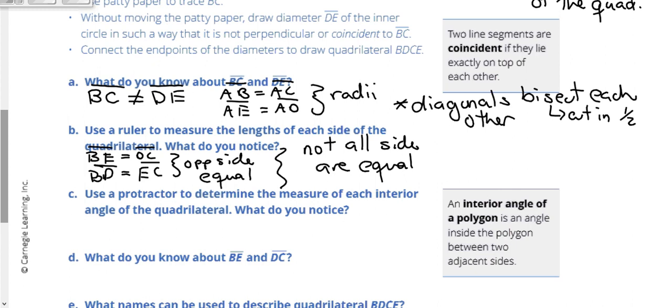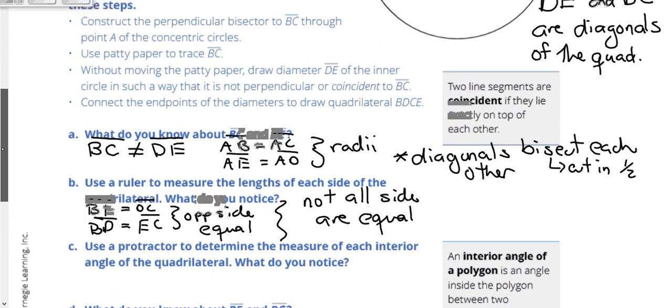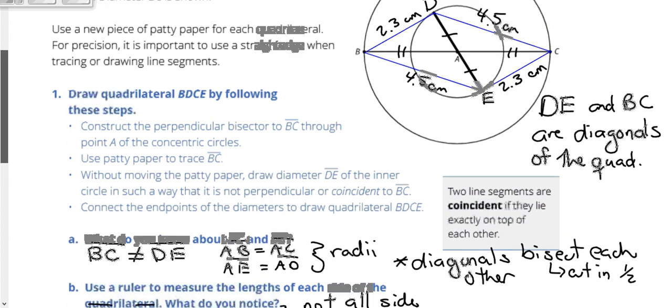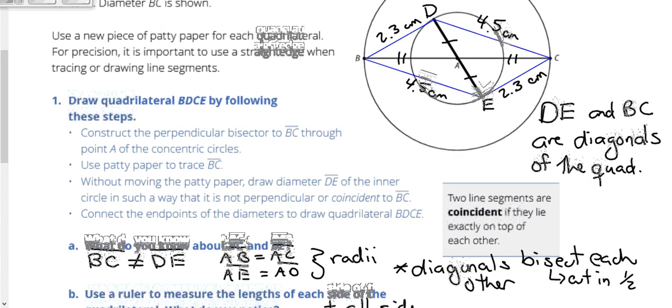Okay. Now, it asks us to use a protractor. We're not going to get into using a protractor. I'm just going to tell you what the measurements of the angles are. So this angle here is about 43 degrees.